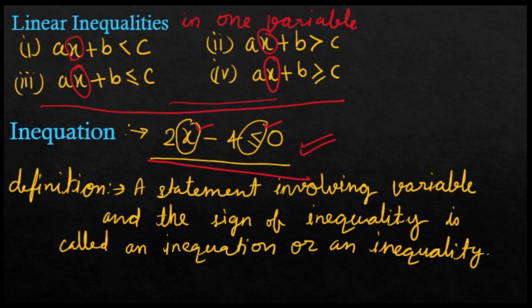If these two are included in an algebraic expression, then the algebraic expression is of inequation form. An inequation can contain one or more variables, but to understand the basic concept, we are taking the example of linear inequalities, and the forms of these linear inequalities are these 4 types. Now we know what linear and inequalities are.